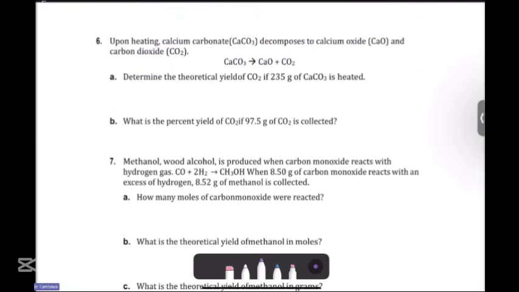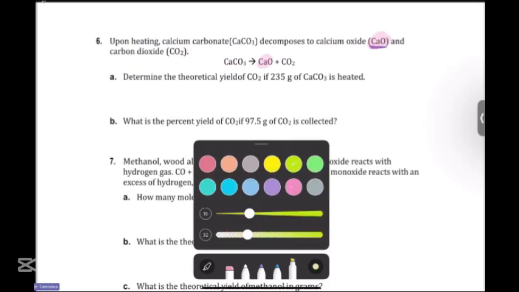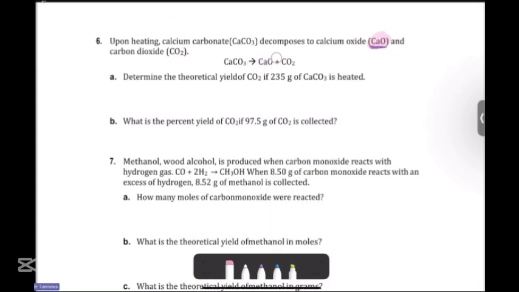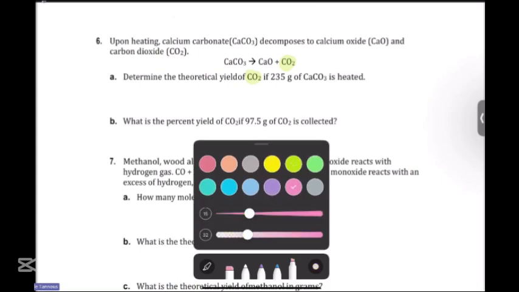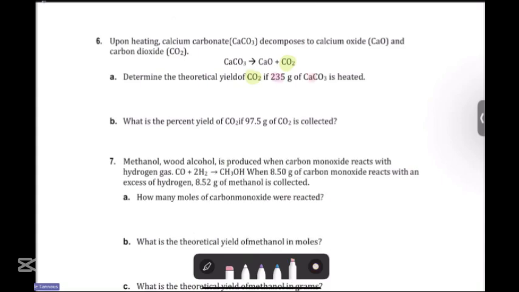Upon heating, calcium carbonate decomposes into calcium oxide. So they're telling me that is the product. Determine the theoretical yield of CO2. So they are interested in the yield of CO2. If 235 grams of CaCO3 is heated, 200 grams of this is given.